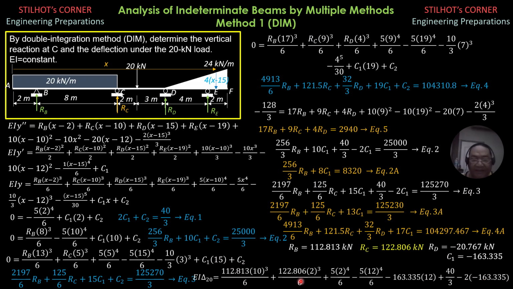So evaluating, the deflection under the 20 kilonewton load is equal to 79.225 over EI. So that's it for this video.